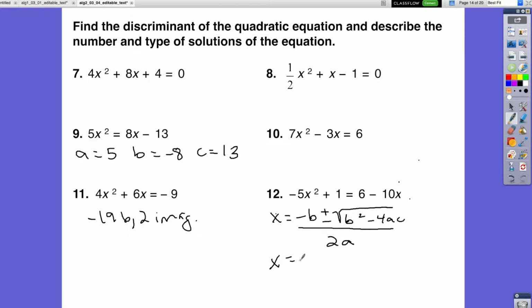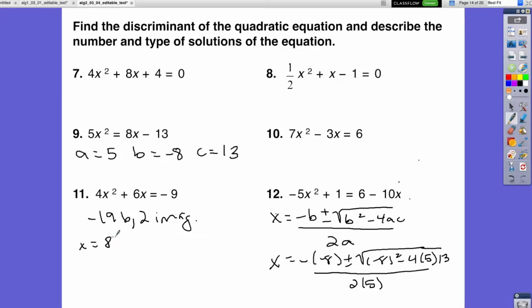So x equals the opposite of b, which is negative negative 8, so 8, plus or minus the square root of negative 8 squared minus 4 times 5 times 13, all over 2 times 5. I'm going to bring it over here. X equals 8 plus or minus the square root. We've already figured this out as being negative 196 all over 10.